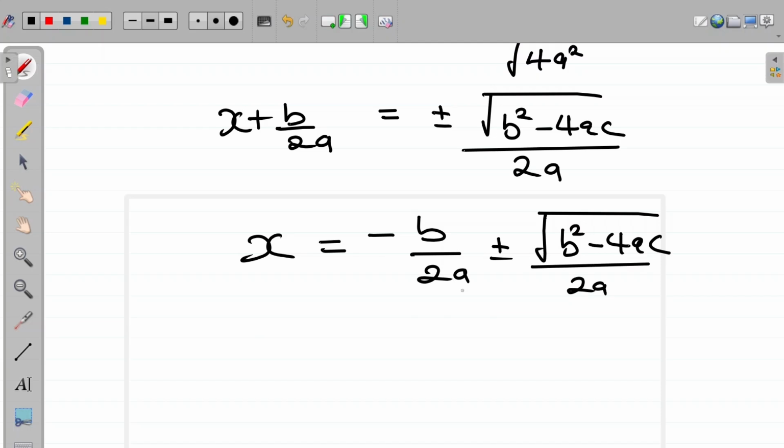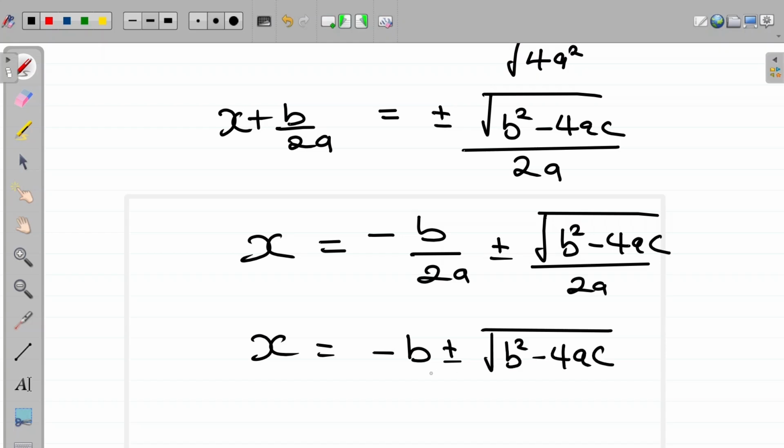Now, since we have the same denominator, we arrive at x is equal to minus b plus or minus root of b squared minus 4ac, divided by 2a. We have been able to derive the quadratic formula from the general equation using the completing the square method.